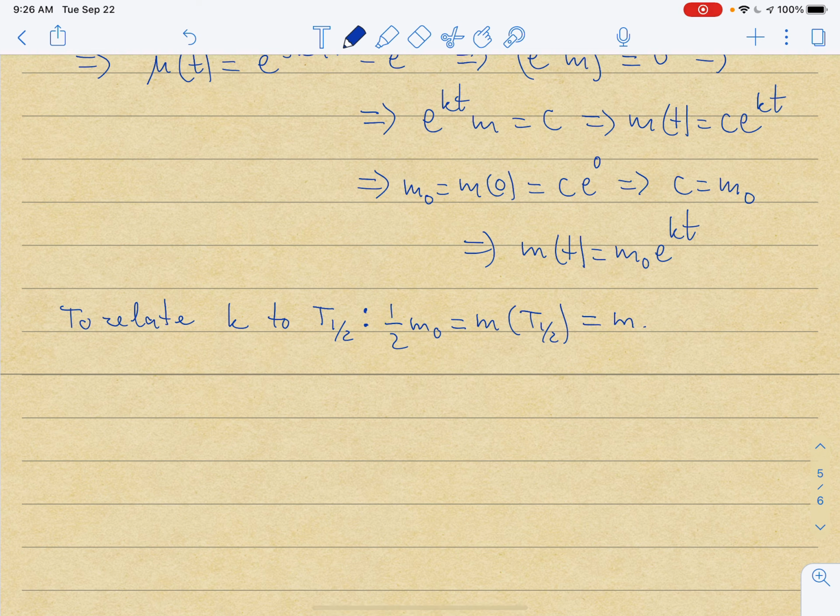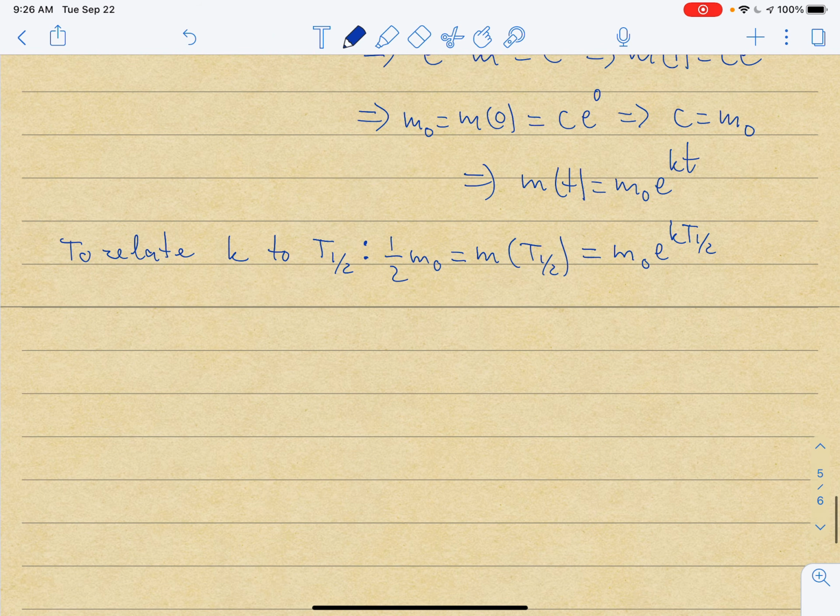So that is m0 e to the minus k times t 1/2. So what we got is that 1/2 m naught is m naught times e to the minus k t 1/2.